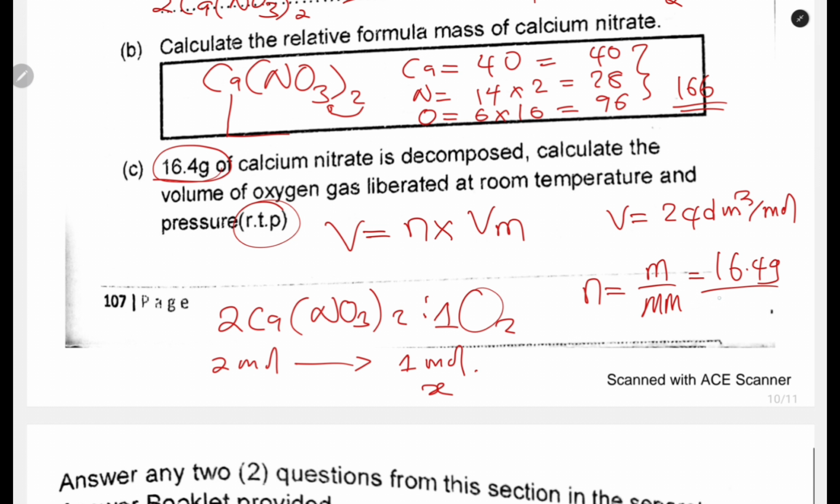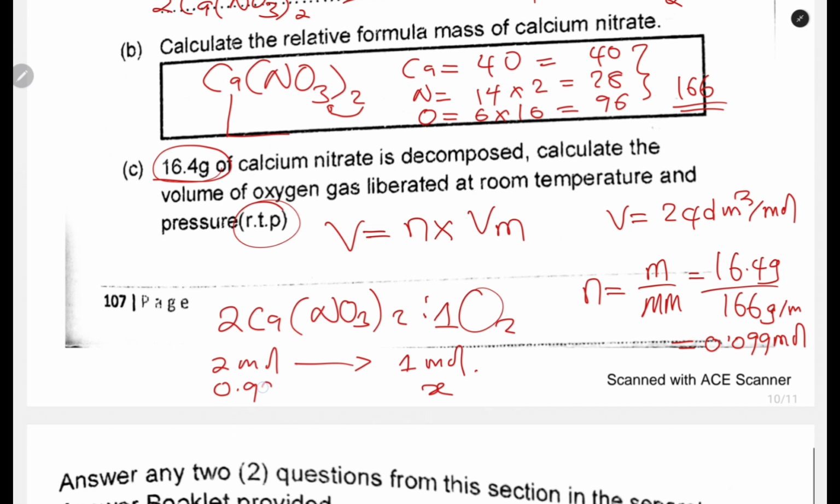Molar mass of calcium nitrate, we found it, which is 166 gram per mole. If you divide that, I'm able to find 0.099 mole. So that is the number of moles.